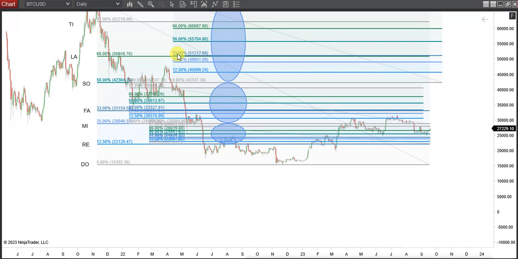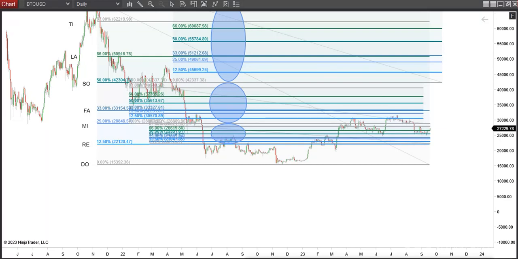That's another place where you're going to have a major headache point, and that's also close to the mi note, which is another important level. So that whole bracketed area in there would be key resistance area.